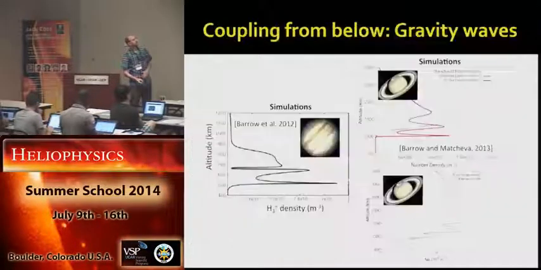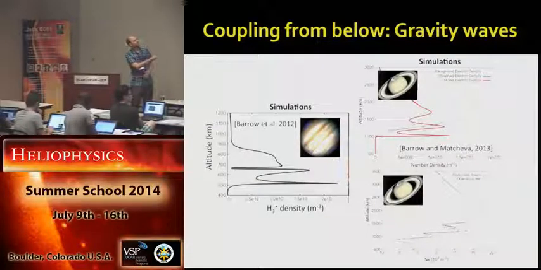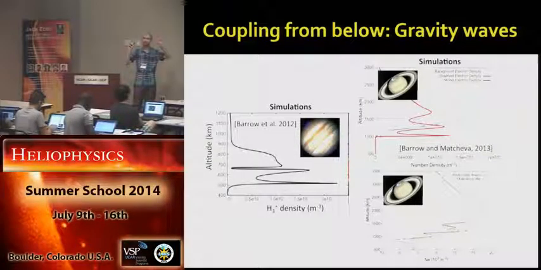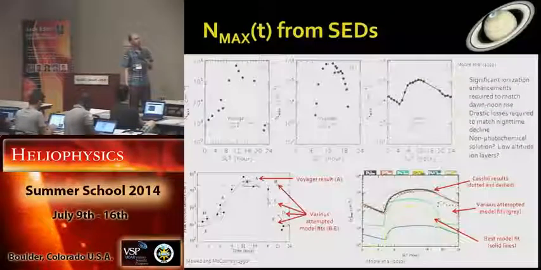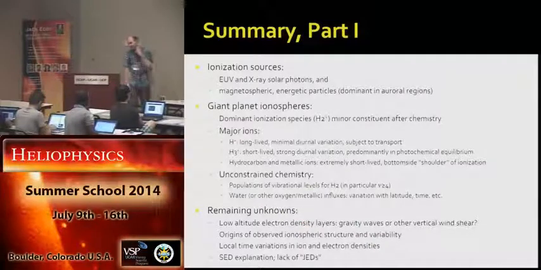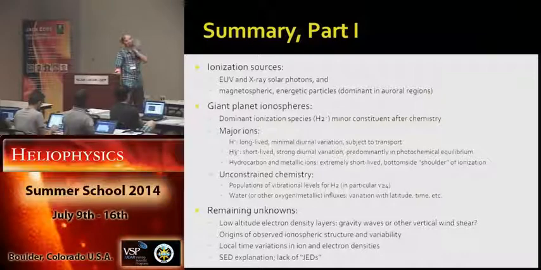Or maybe some of these sharp lower atmosphere layers are what's happening. This isn't the classic photochemical peak of the ionosphere. Maybe SEDs are actually sampling those layers and not the main peak. It's an open question.